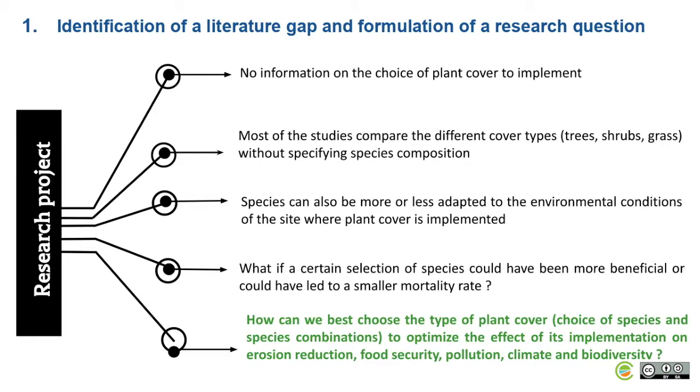That's why we decided to work on this question, which is: how can we best choose the type of plant cover, the choice of species and species combination in order to optimize the effect of its implementation on erosion reduction, food security, and the other targets?